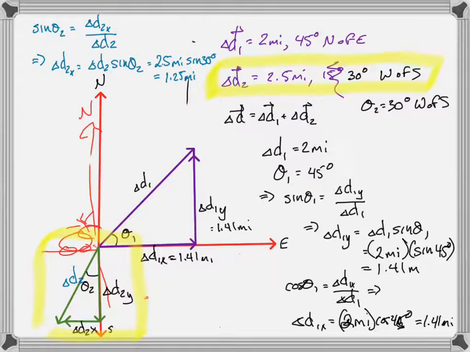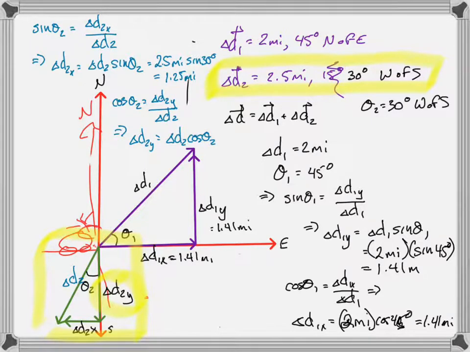And then we do the same thing. Either we can use the two sides that we know, 1.25 miles and 2.5 miles, and the Pythagorean theorem to find the third side, delta D2y, or we can say the cosine of theta 2 is equal to delta D2y, the adjacent side, over the hypotenuse, delta D2. So delta D2y is equal to delta D2 times the cosine of theta 2.